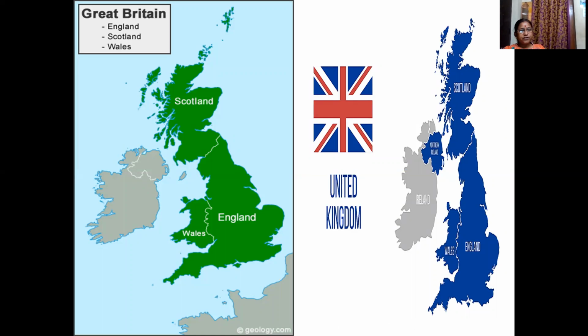Now, what is the difference between Great Britain and the United Kingdom? Great Britain comprised of England, Scotland, and Wales, and the United Kingdom comprised of Scotland, England, Wales, and Northern Ireland. Now let us see how Northern Ireland came into the United Kingdom.